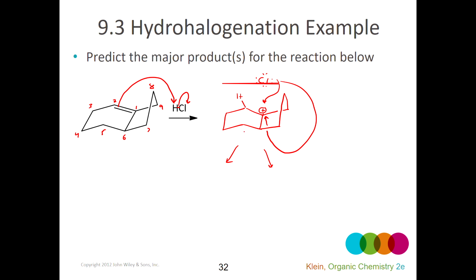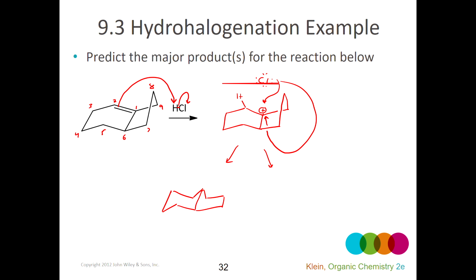So once this ring doesn't have a pi bond anymore, its most stable conformation would be as a chair. So the 6-membered ring I could show as a chair, and then the 5-membered ring I could show like that as an envelope.